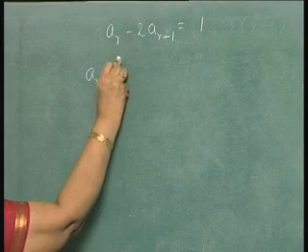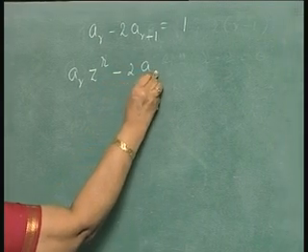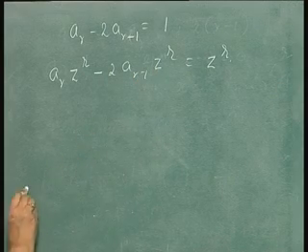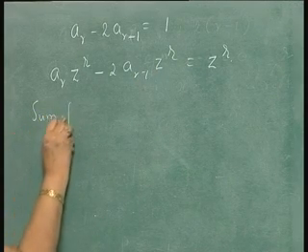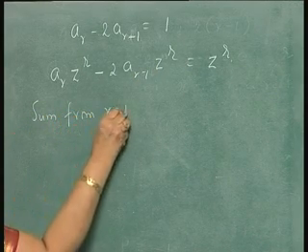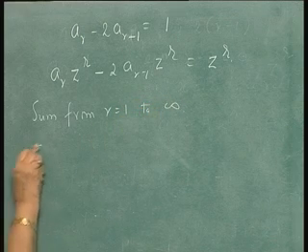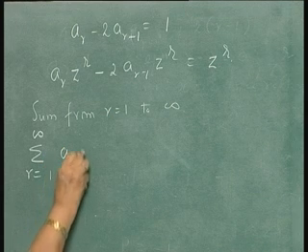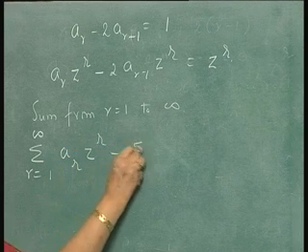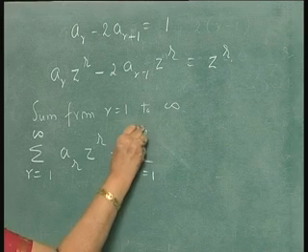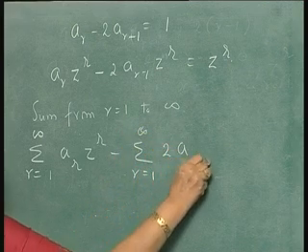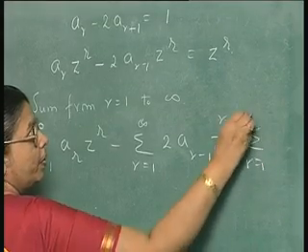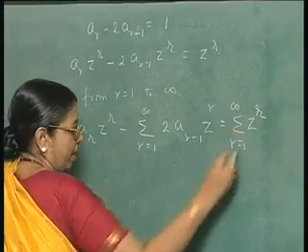So, you get A_r z^r minus 2A_(r-1) z^r equal to z^r. Then sum from r is equal to 1 to infinity. So, that will be sigma r is equal to 1 to infinity A_r z^r minus sigma r is equal to 1 to infinity 2A_(r-1) z^r is equal to sigma r is equal to 1 to infinity z power r.